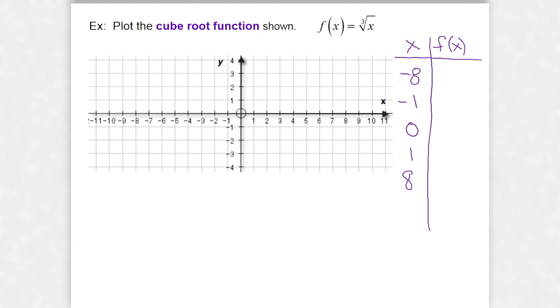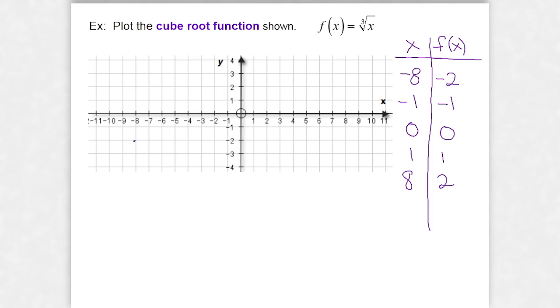The cube root of -8 is -2, because -2 times itself 3 times is -8. The cube root of -1 is -1, the cube root of 0 is 0, the cube root of 1 is 1, and the cube root of 8 is 2.